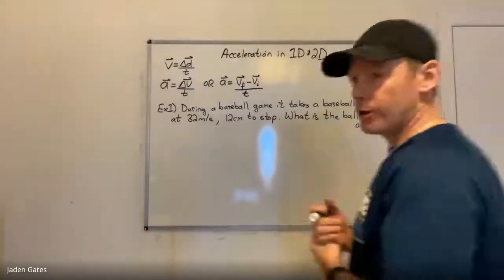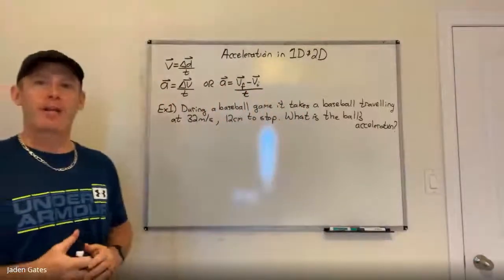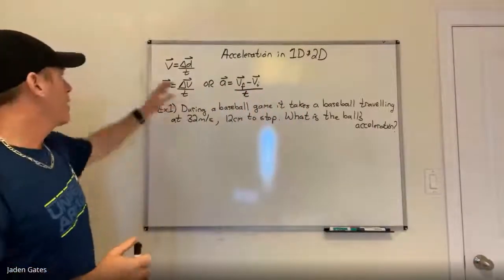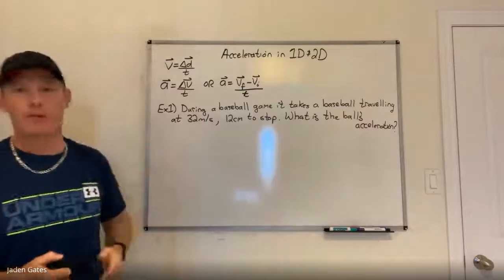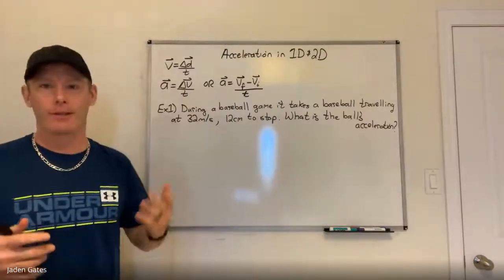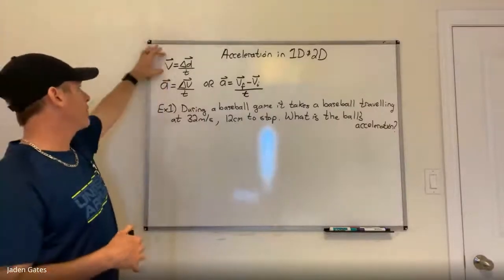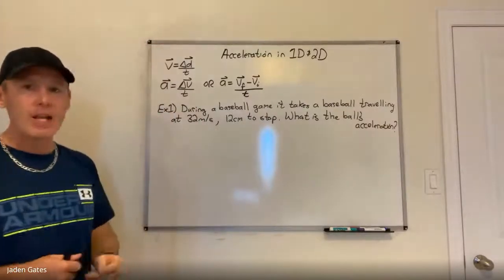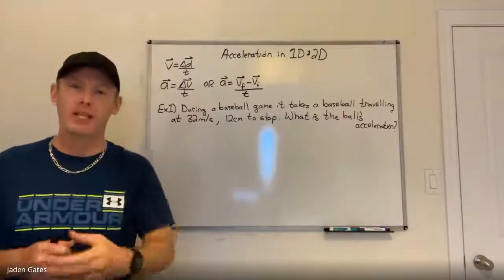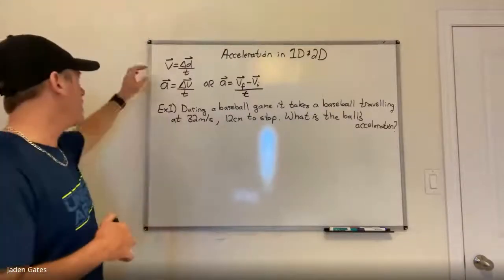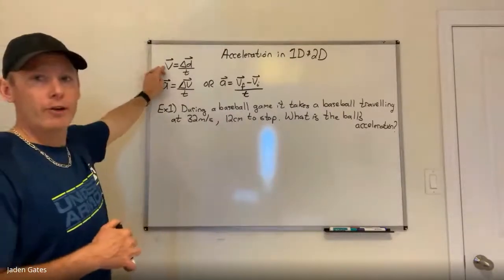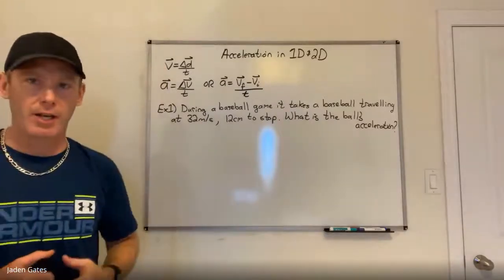All right, so earlier today, what we looked at was finding speed and velocity. In other words, using the form v equals delta d over t, or delta d over delta t, one or the other. And again, velocity because it's a vector. Now, the thing is that because displacement is a vector, and that's part of how we calculate velocity, that means velocity is a vector.